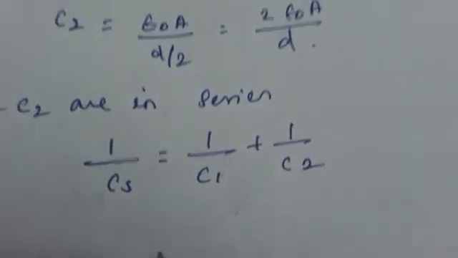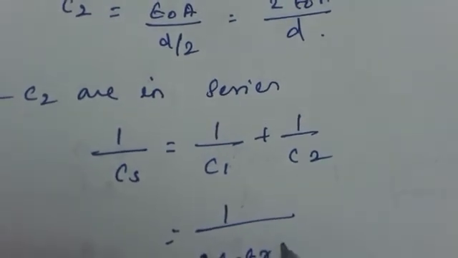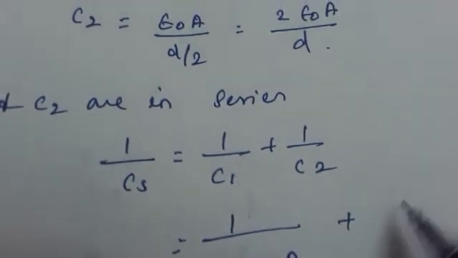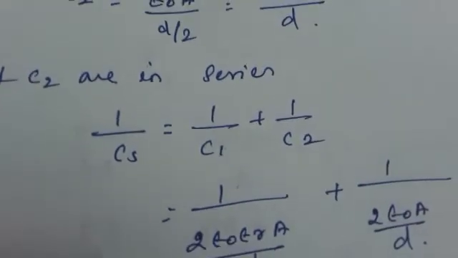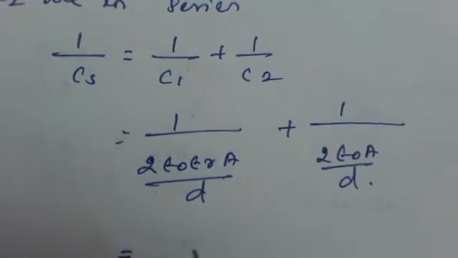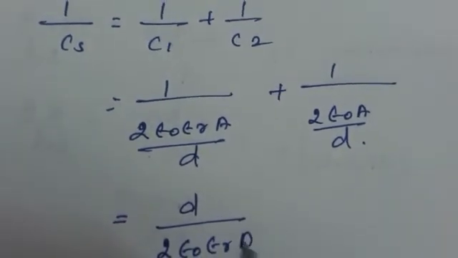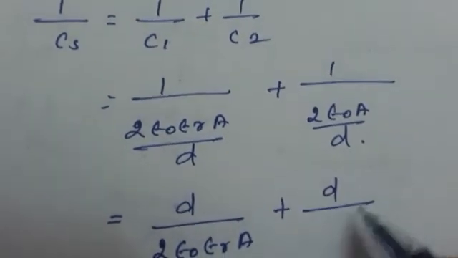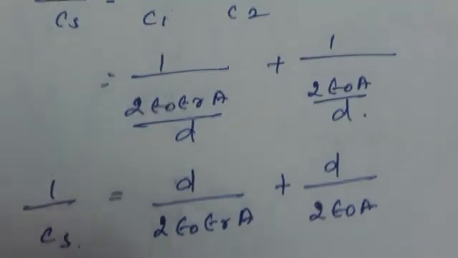So I can write it here as 1 by 2 epsilon 0 epsilon R A by D plus 1 by 2 epsilon 0 A by D. Now this can be written as D by 2 epsilon 0 epsilon R A plus D by 2 epsilon 0 A, that is 1 by Cs.